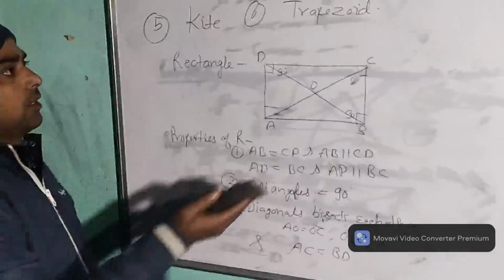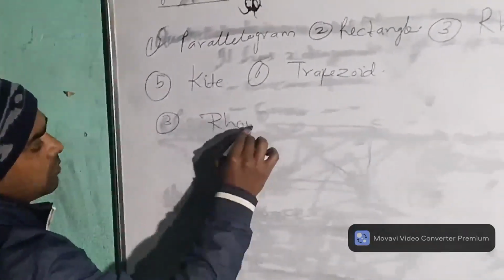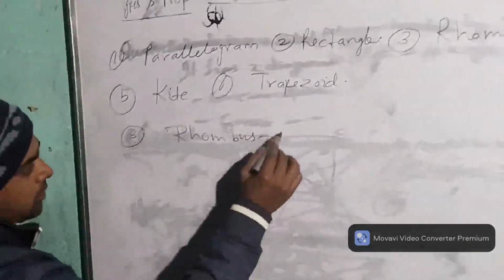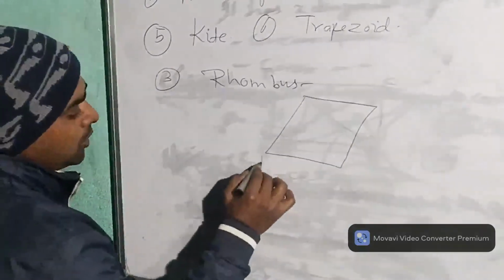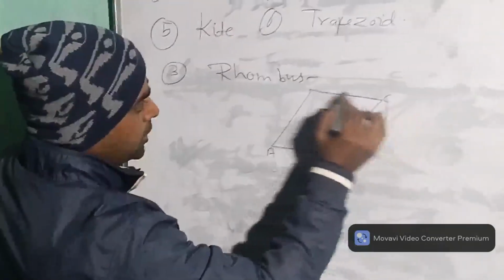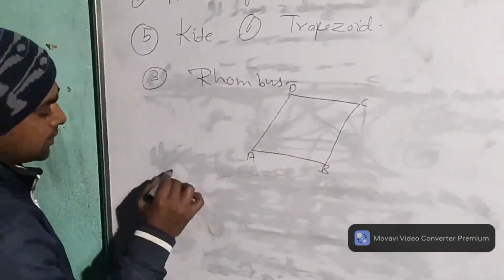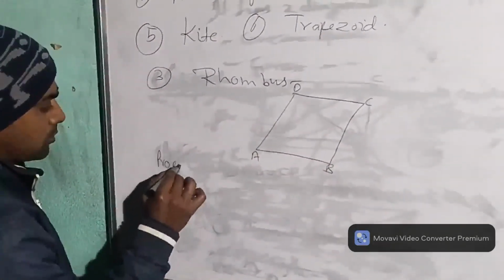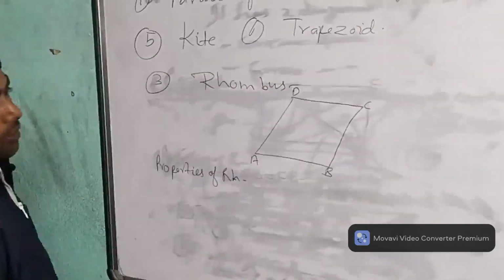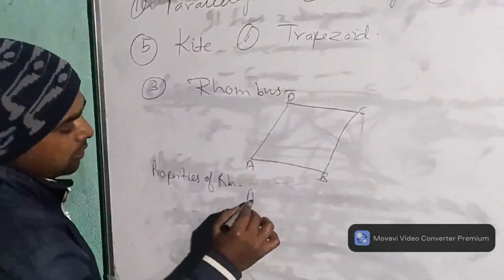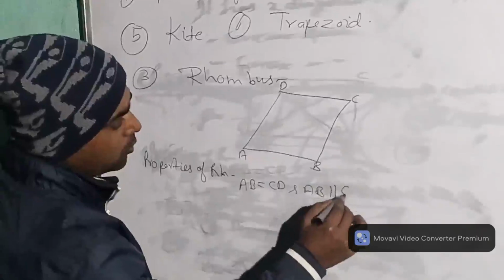Rhombus. It is a four-sided polygon ABCD, which has four sides. Properties of rhombus: AB is equal to CD, and AB is parallel to CD.